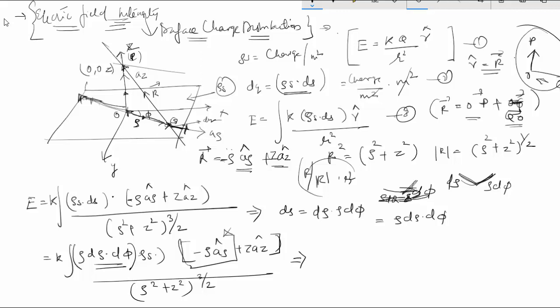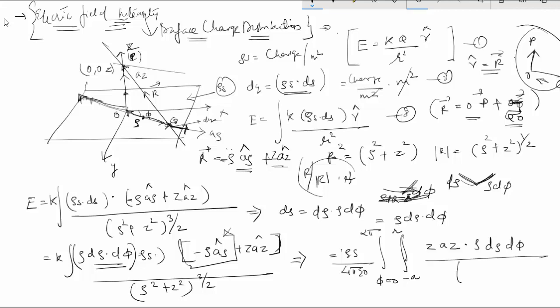And if you are taking rho outside, and taking the value of k as 4 pi epsilon naught, and integrating phi from 0 to 2 pi, where phi will be varying from 0 to 2 pi, and z will be varying from minus infinity to infinity, then your values will become z az into rho d phi divided by rho square plus z square raised to 3 by 2.